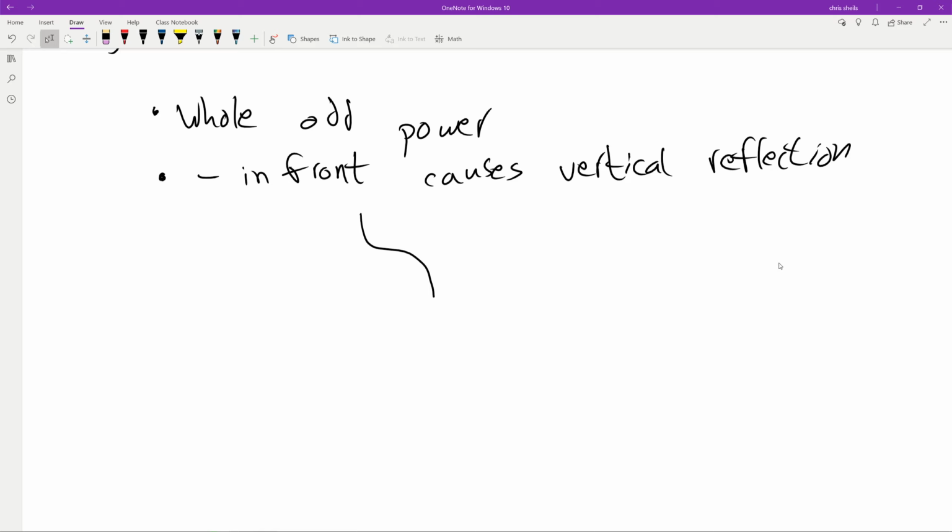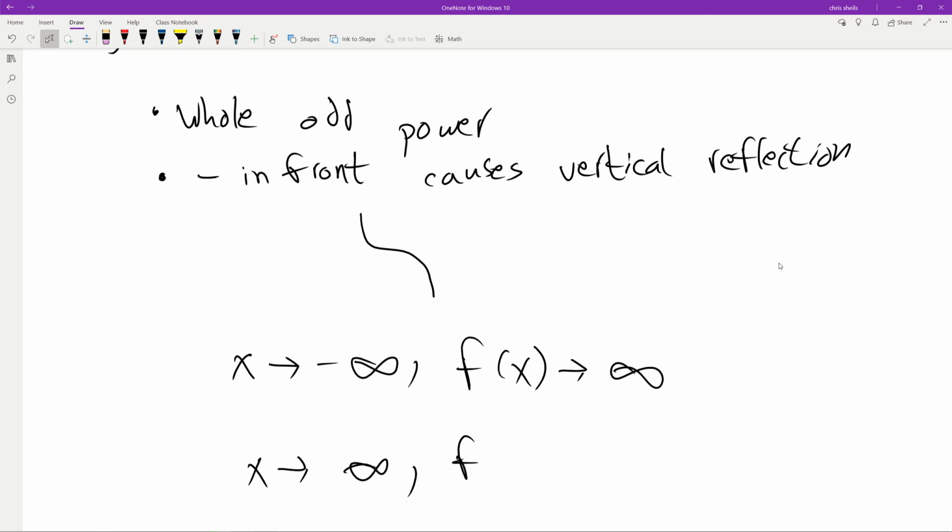So this is going to behave such that as x approaches negative infinity, f of x approaches positive infinity, and as x approaches positive infinity, f of x approaches negative infinity.